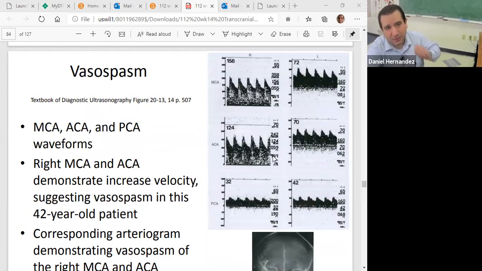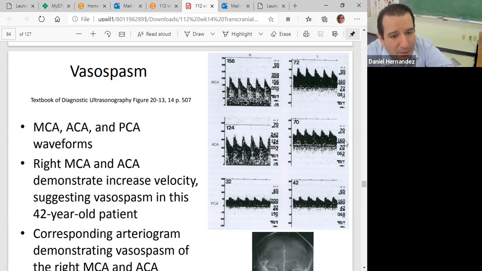So this is a picture of vasospasm of our vessels, the middle cerebral artery on the right and the left. We have our middle cerebral artery, anterior cerebral artery, and posterior cerebral artery. If we look at our velocities over here, you can see we're getting velocities of 358 and 242.